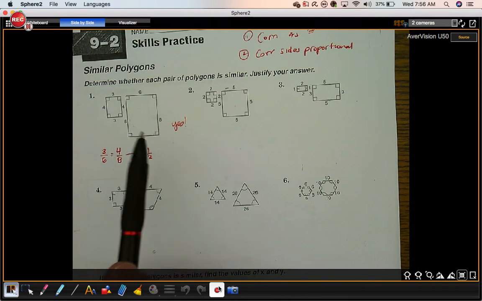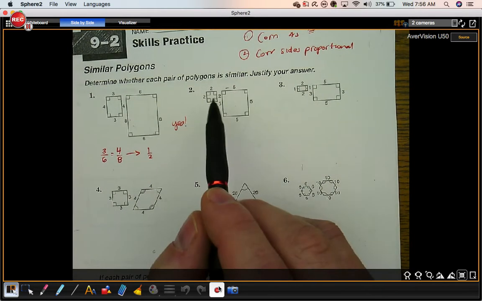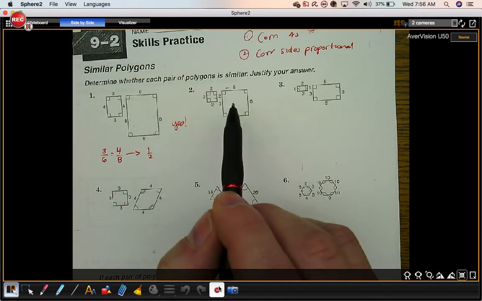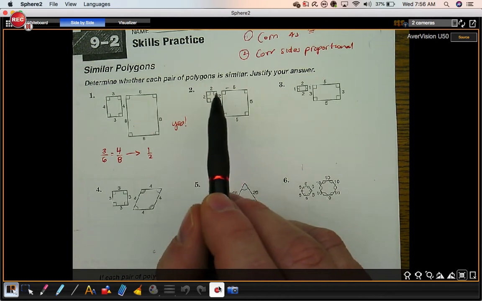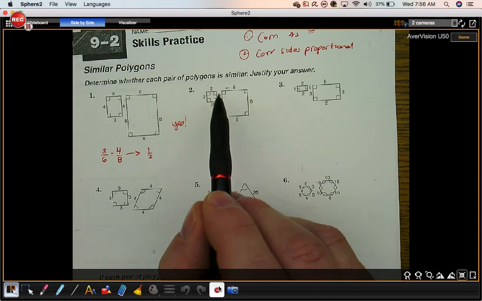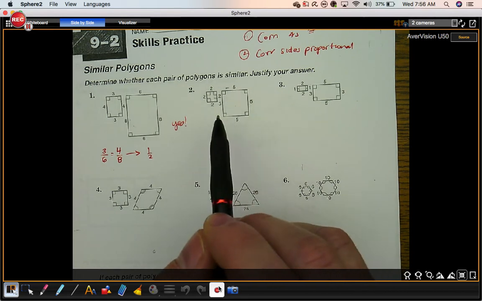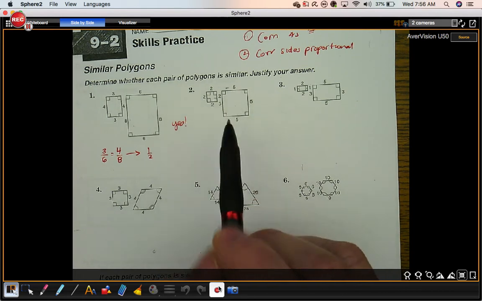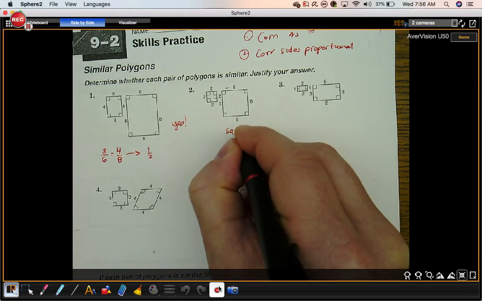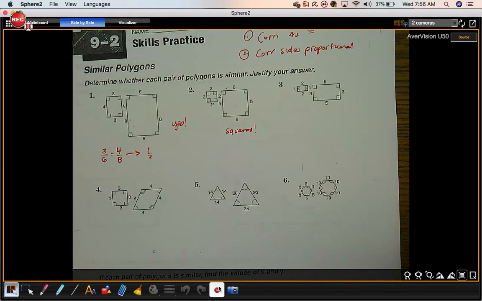Obviously, you can see all the pairs of angles are congruent. Number 2, again, we have two rectangles. And if you examine this even closer, they're rhombuses also, because all the sides are the same. So what do you call a rectangle that's a rhombus? This guy's a square. Now, you didn't need to do that, but I'm going to show you why it helps you.